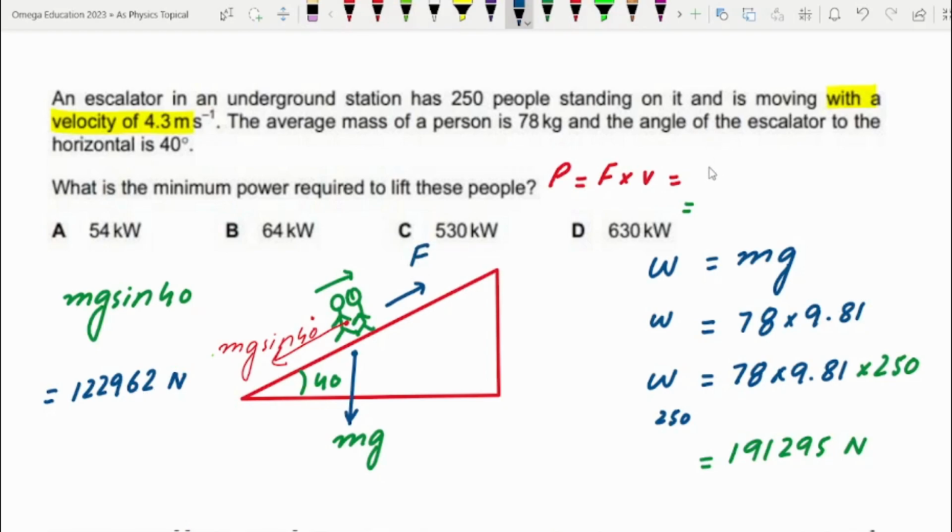So the value of mg sine 40 is the force that we need to provide, but in the forward direction, so that the people on the escalator can move with a constant velocity of 4.3.